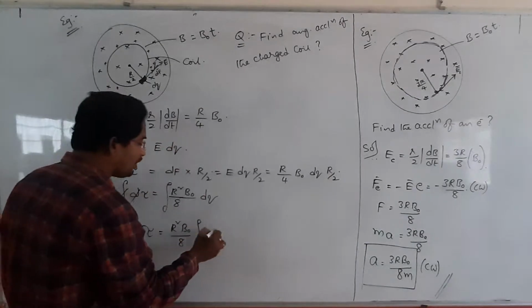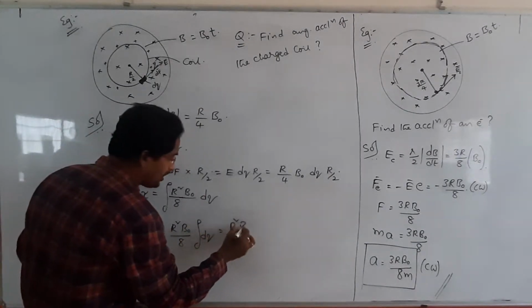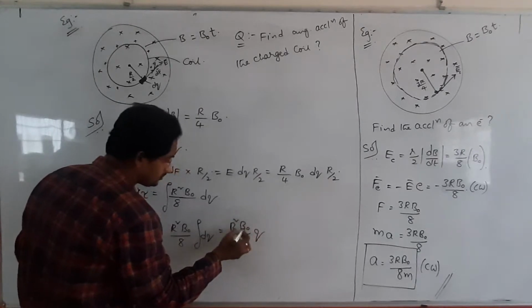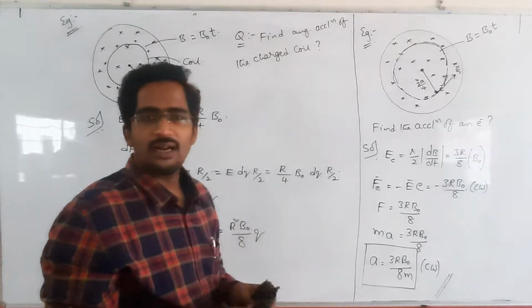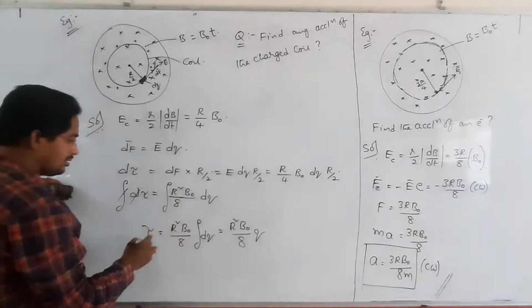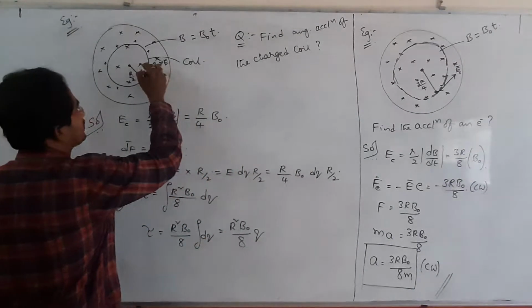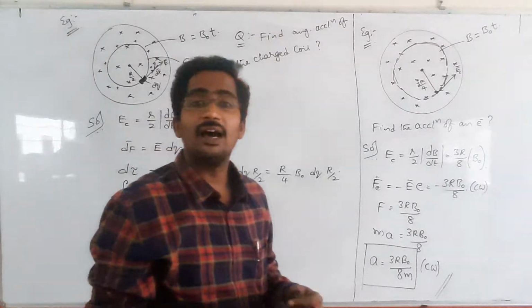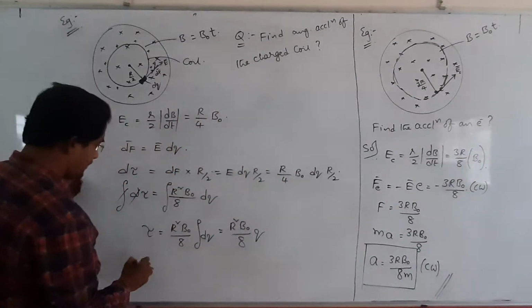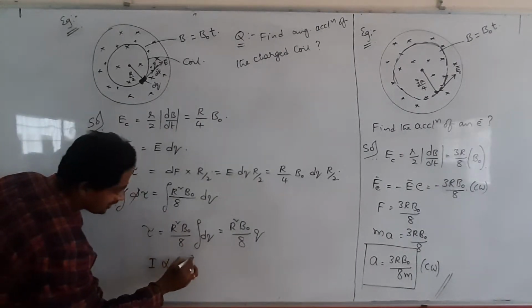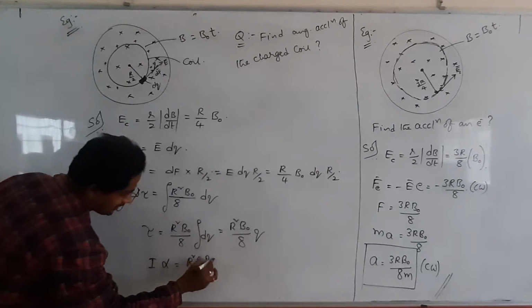So we are getting R square B naught by 8 into q. So it is the total torque acting on this coil. Torque formula: I alpha. So I into alpha equals R square B naught q by 8.